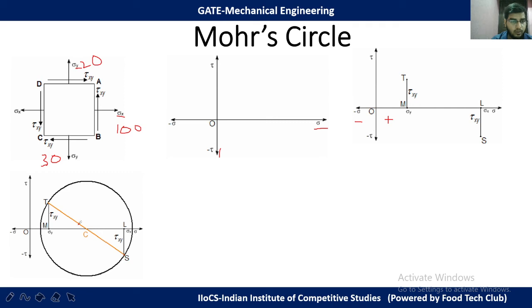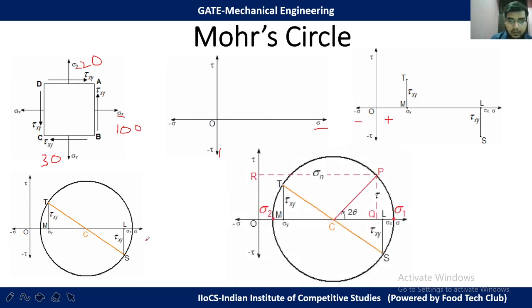Okay, so this TC or CS we will consider as radius. Okay, so considering CS as radius, we will draw this circle. Okay, so Mohr circle is complete, but we have to see how to represent the different stresses on Mohr circle.